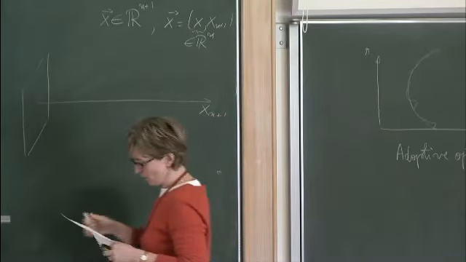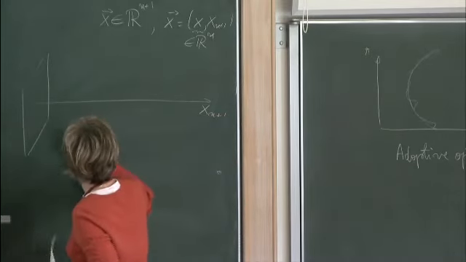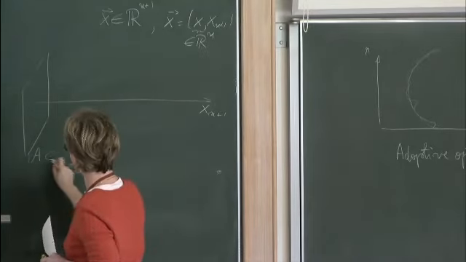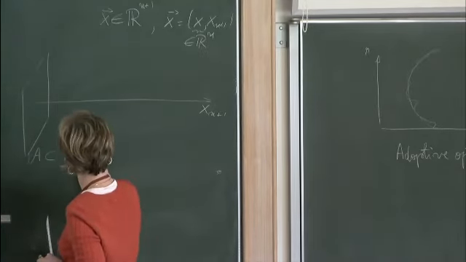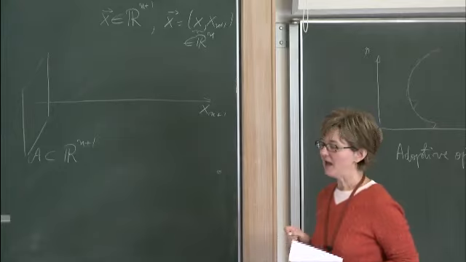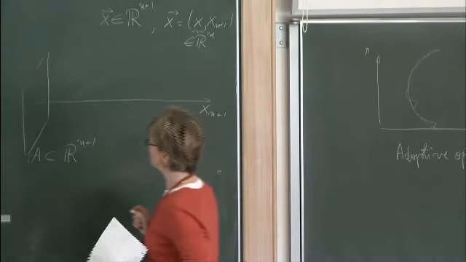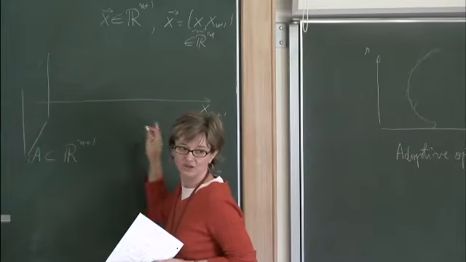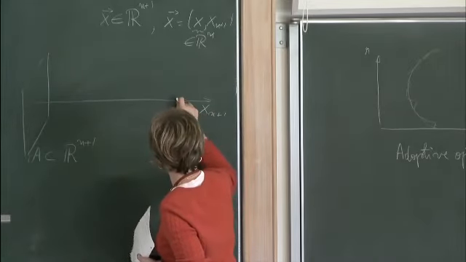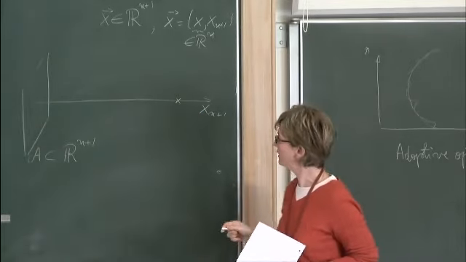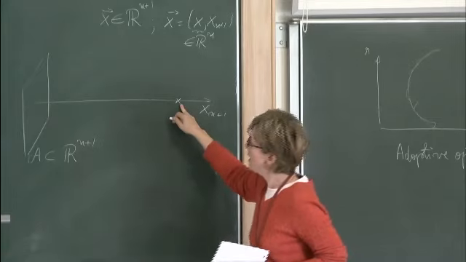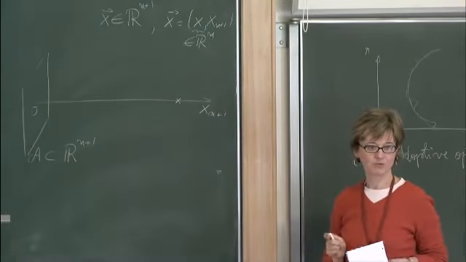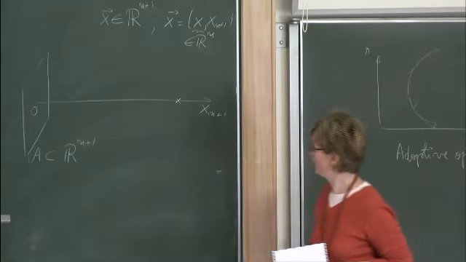Now, this is the array, a set in R^(n+1), and for simplicity, I'm going to suppose that the array is orthogonal to the range direction. What does that mean? It means that the source or the scatterer that I want to find is going to be on this axis, and the origin of the system of coordinates is at the center of the array. I'm going to make this very simple.